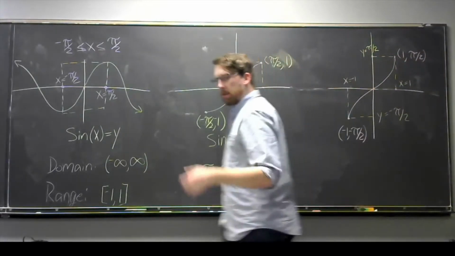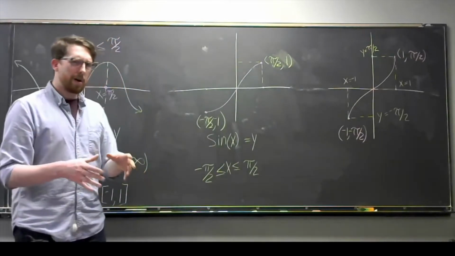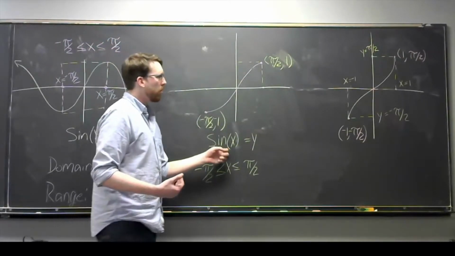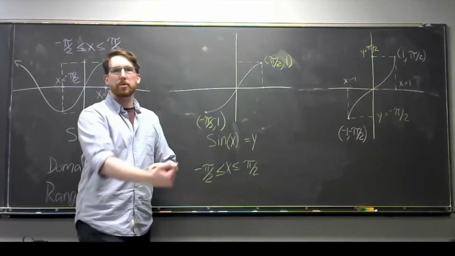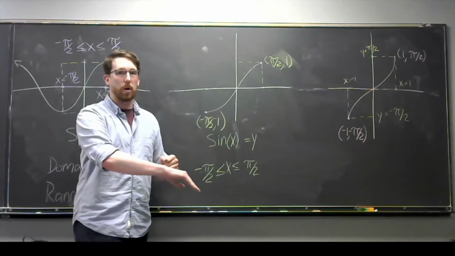The graph of the inverse function of sine is going to look something like this, right? Like I said, it's just flipped across that line x equal to y.